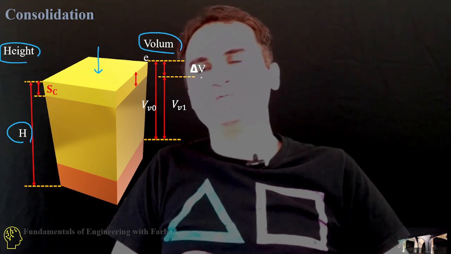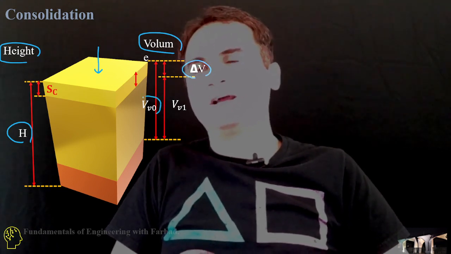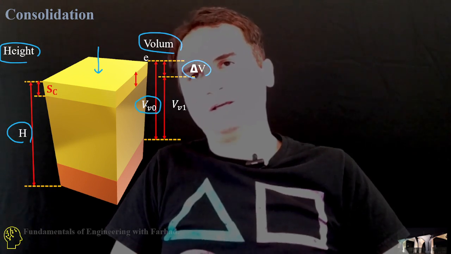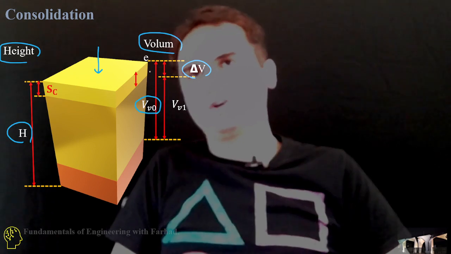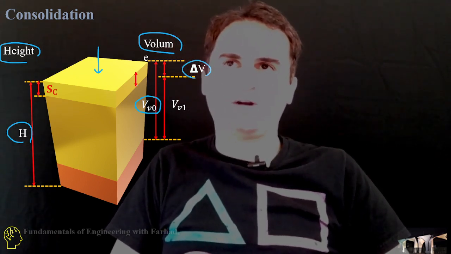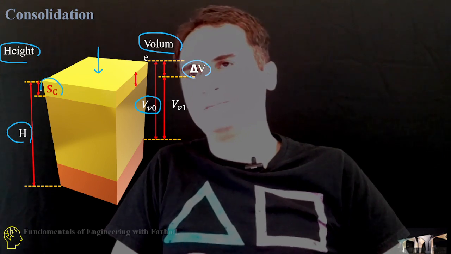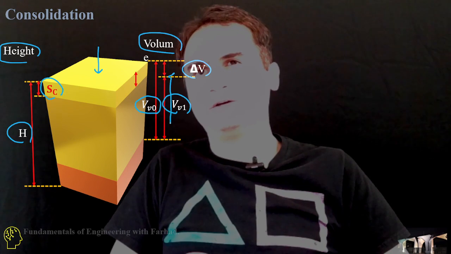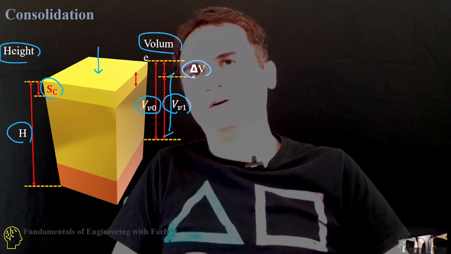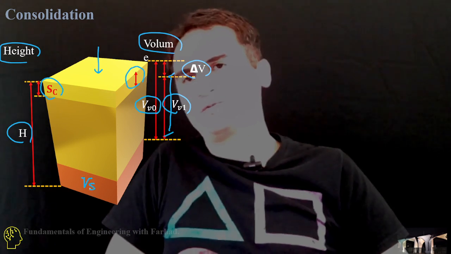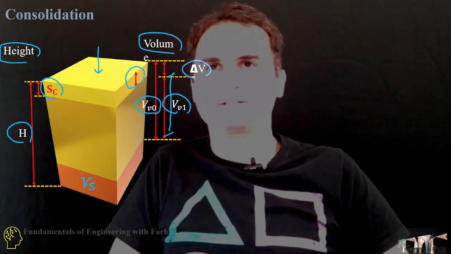If we assume that the change happens just in the void ratio, then Vv is the volume of void at the initial stage when there is no push, and as soon as you have a push, we have this much settlement, and this is our new void ratio. So we are missing this part, and we assume Vs remains the same in the whole process.